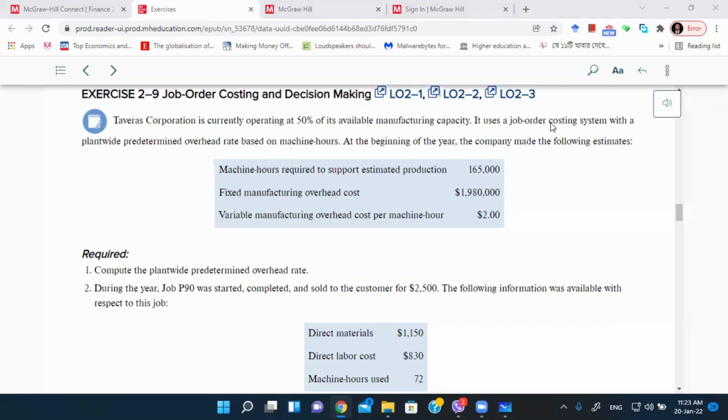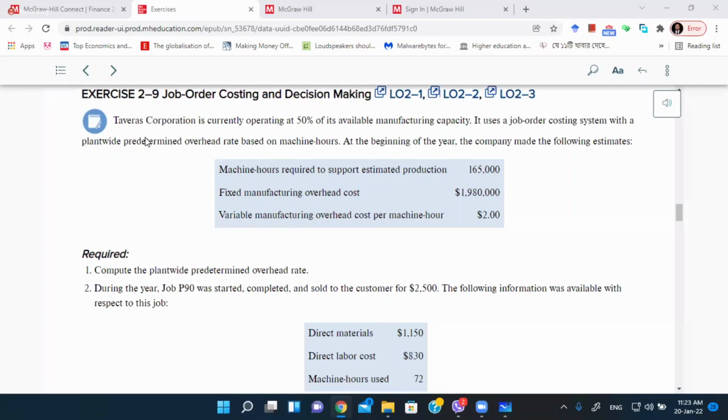Now we'd like to explore some problems regarding job order costing, and apply what we learned in the previous class.